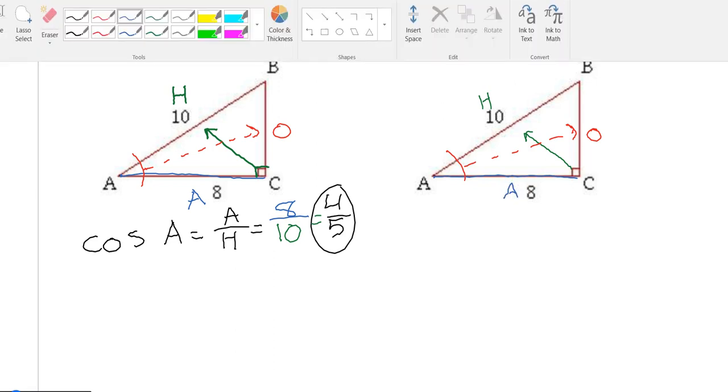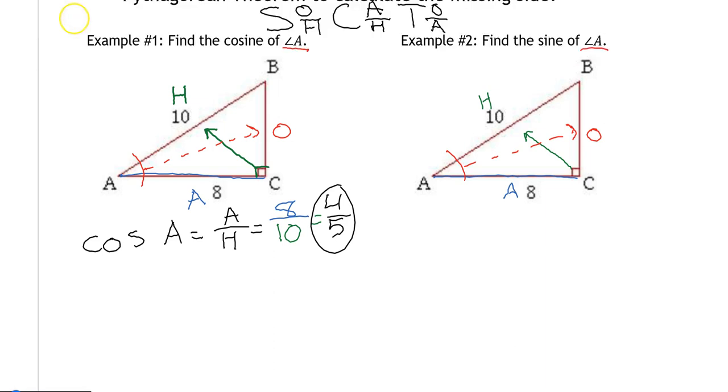So finding the sine of angle A. If I'm using sine, it's opposite over hypotenuse. My opposite side is, oh wait, I don't know my opposite side. I do know that my hypotenuse is 10. Okay, so this is where we run into trouble. I don't know what my opposite side is because it's missing.